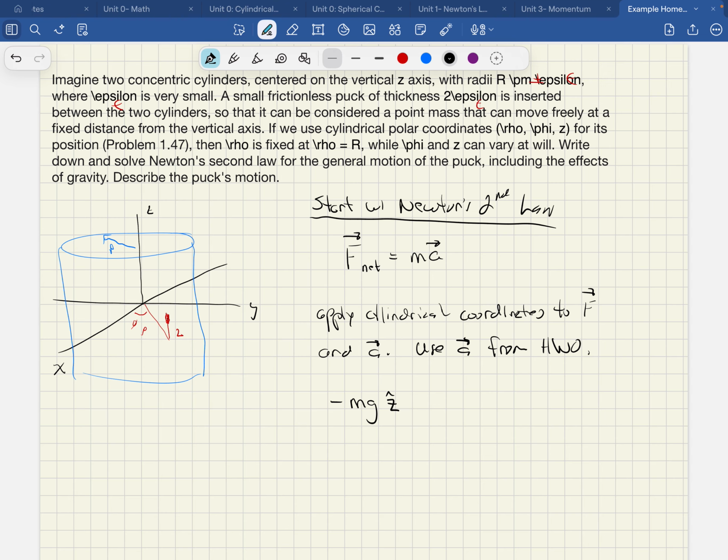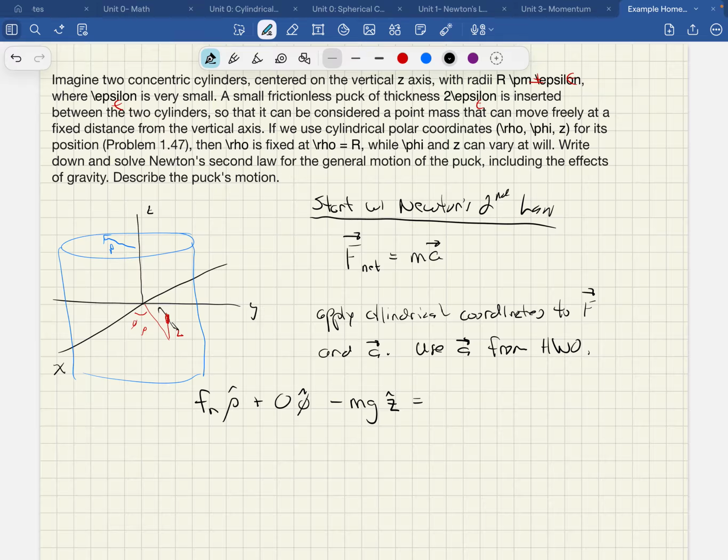There's not going to be any horizontal forces on this cylinder that point tangent to the cylinder. So we're going to have a force of 0 phi hat, and the force that points inward or outward in the rho direction, it'd be safe to call that a normal force. So I'm going to call this Fn rho hat, and I need to explain all this. So those are my forces.